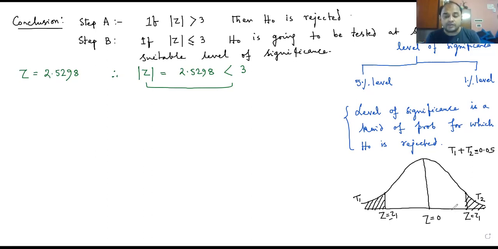Now outside these points, the shaded region below minus Z1 is marked T1, and the shaded region above Z1 is marked T2. Now T1 plus T2 is the combined region. When we say that the level of significance is 0.05, it means the combined shaded region will contain 5% of the data.